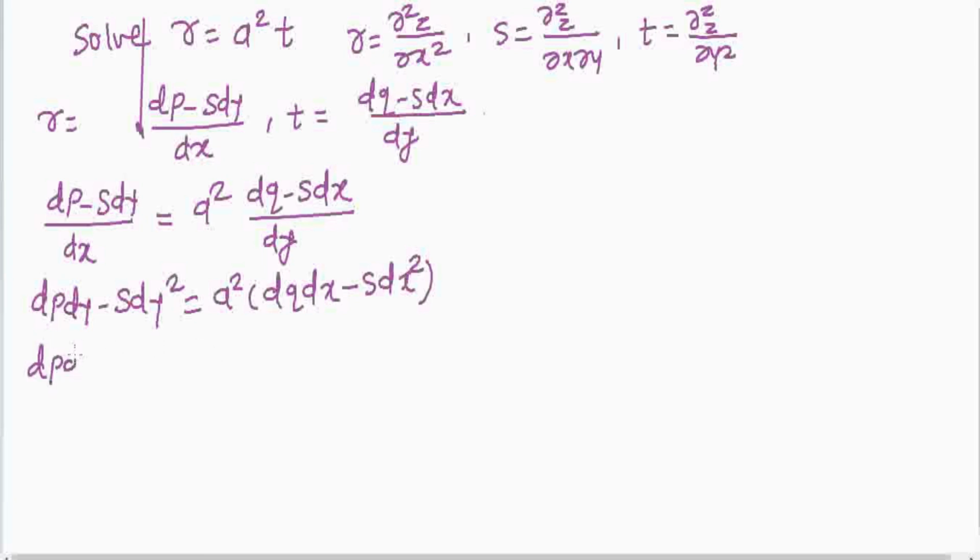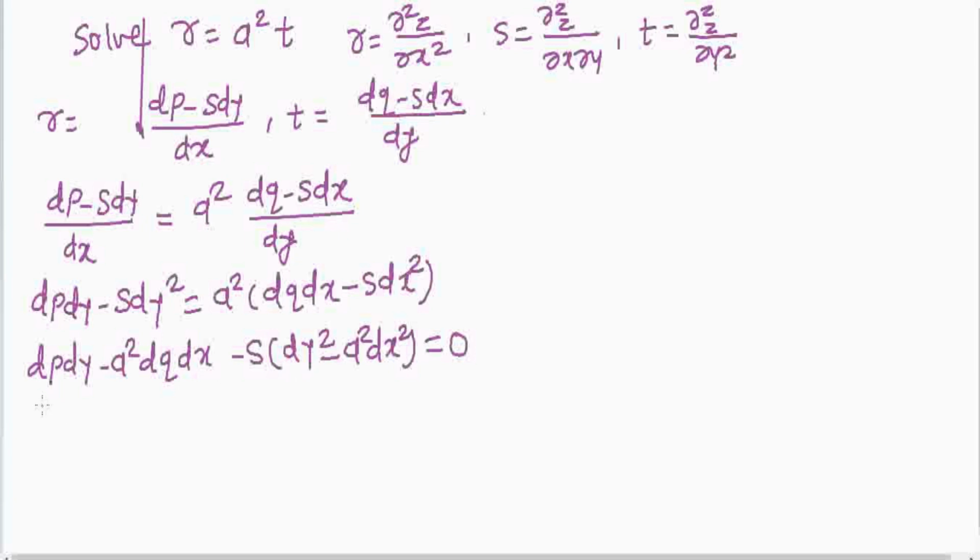Take all this to the left side: dp dy minus a square dq into dx, and minus s is common, minus s dy square, so this will be plus, but due to minus, this is minus a square into dx square equal to 0.